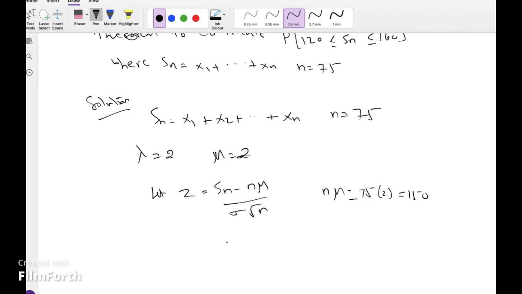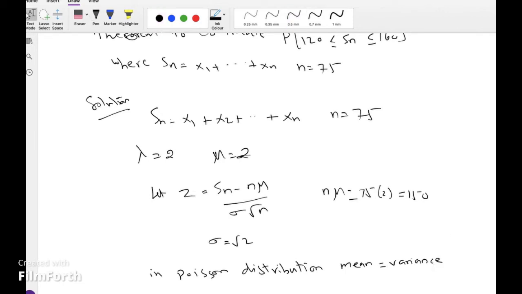And variance is 2, so sigma is equal to square root of 2. Why? In Poisson distribution, mean is equal to variance.